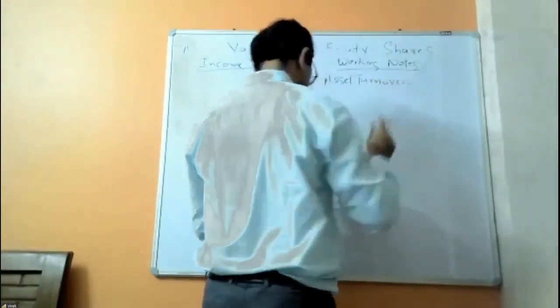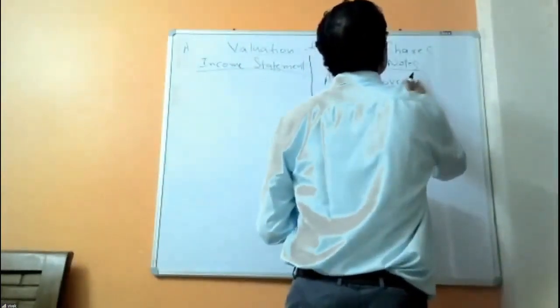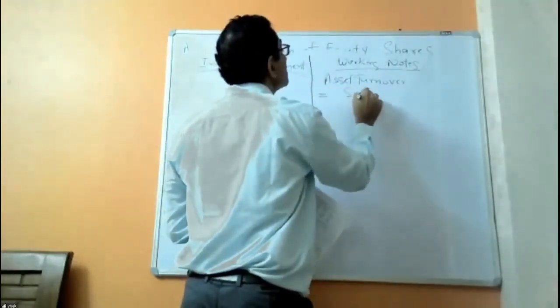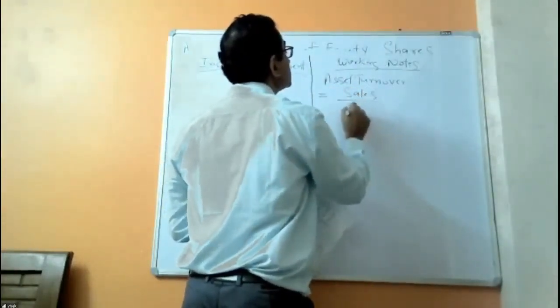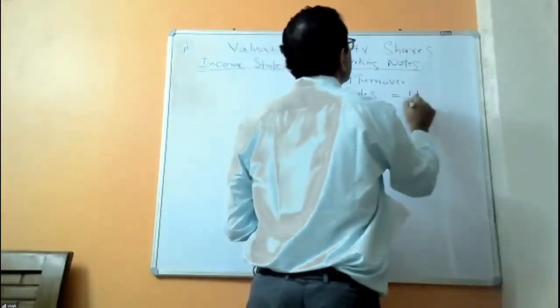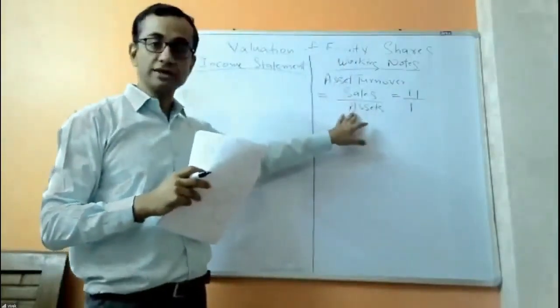It is 1.1. So asset turnover ratio is basically sales upon assets, which is actually 1.1. So sales is 1.1 times of assets.